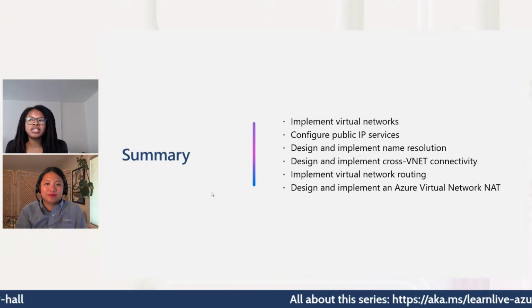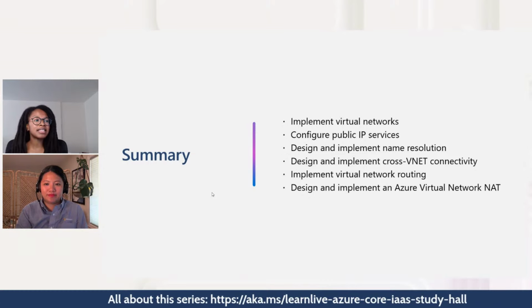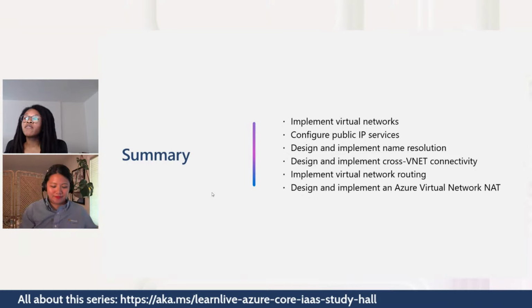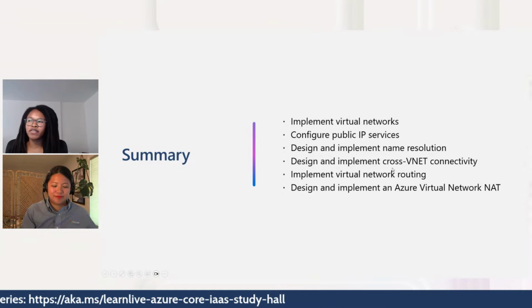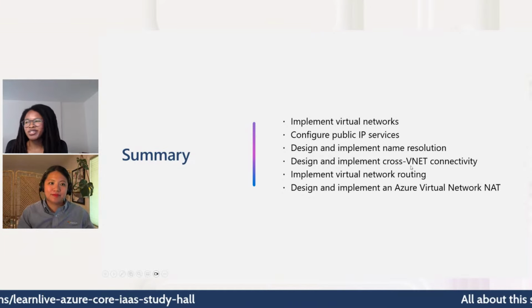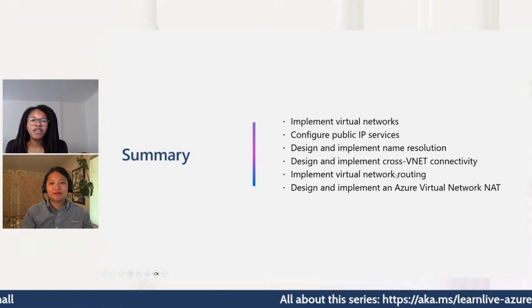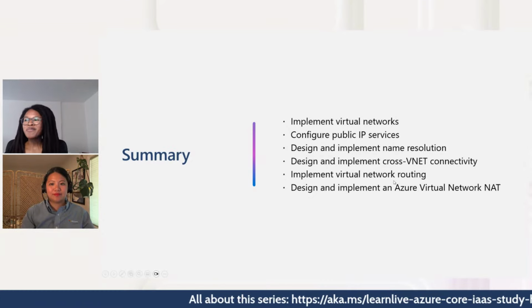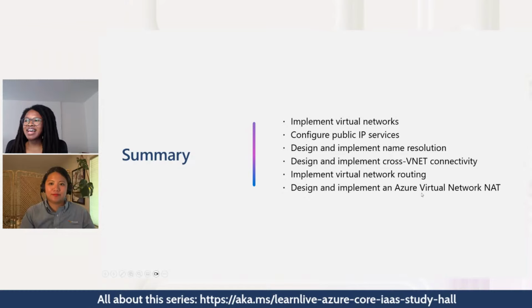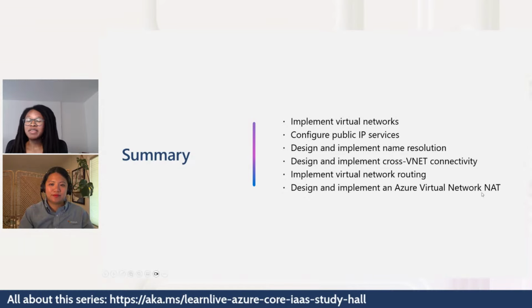It is especially important to understand the different SKU options. Then we talked about DNS, and about enabling full connectivity between our virtual networks so they can communicate with one another. We also discussed the concept of routing, and the two different types of routing available to us. And lastly, we reviewed NAT with Erica.